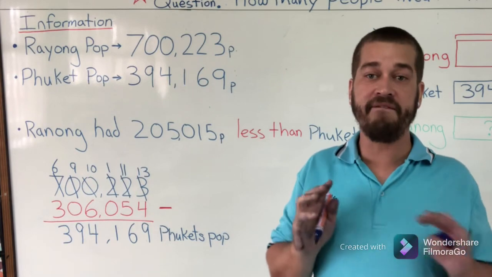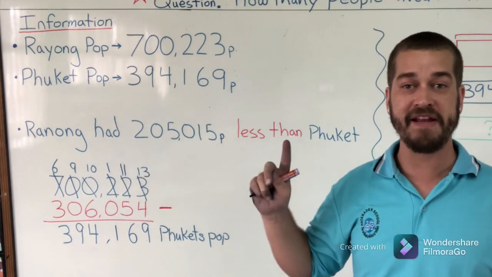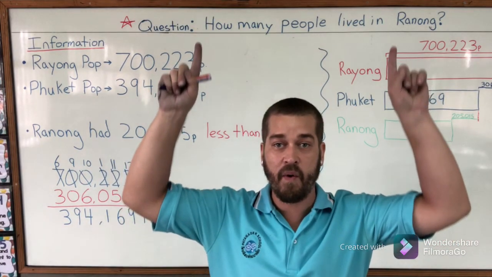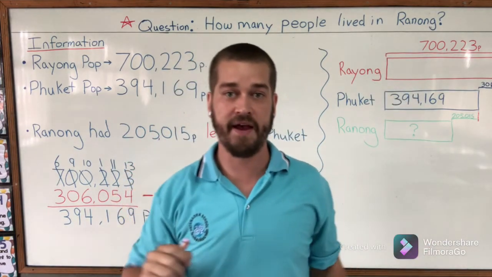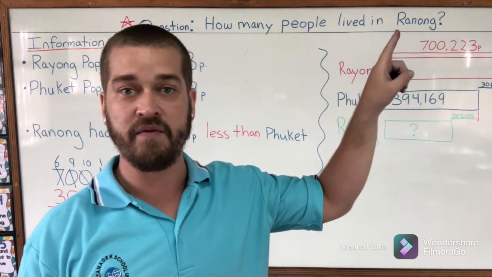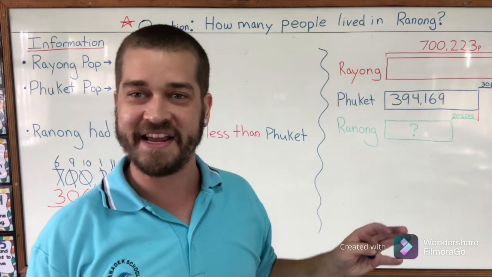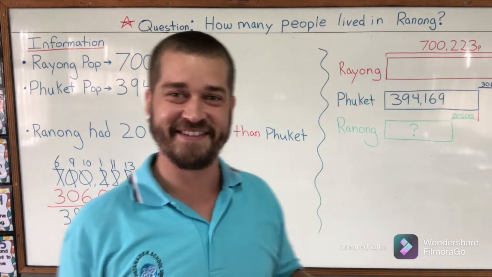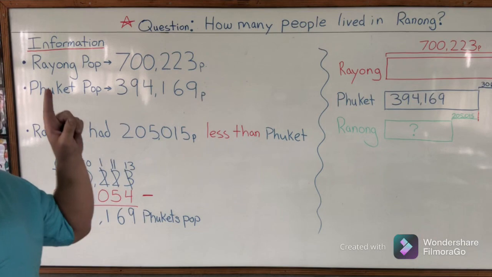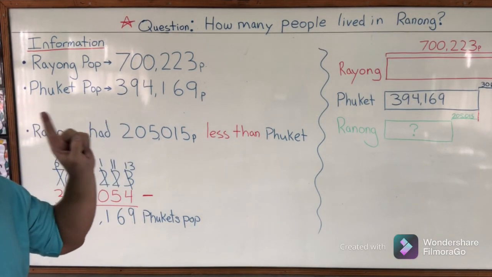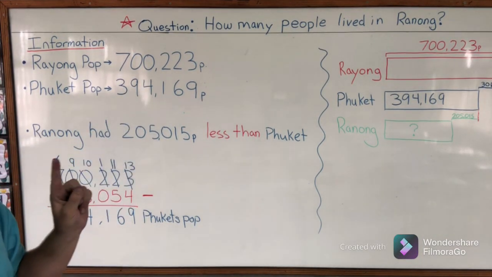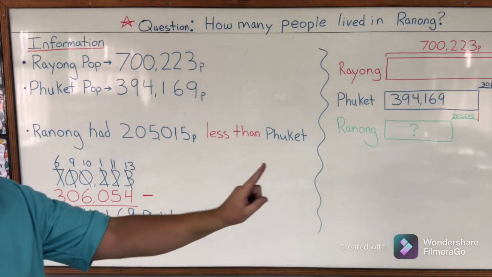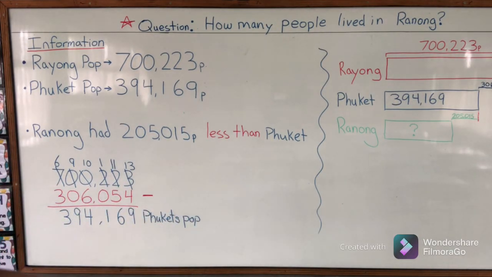Okay, so we're not finished. We have one more bit of information to find the question's answer, okay? How many people live in Renong? I'm not sure I'm saying that name right, but I'm trying my best. Okay, so now we know Rayong's population, Phuket's population. Now let's look at this last piece of information we pulled from the question.